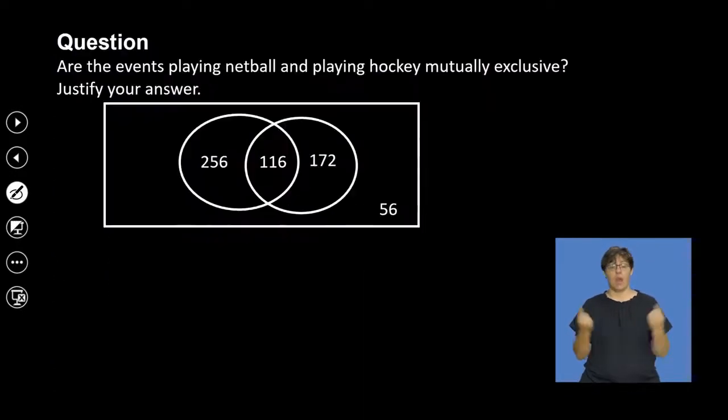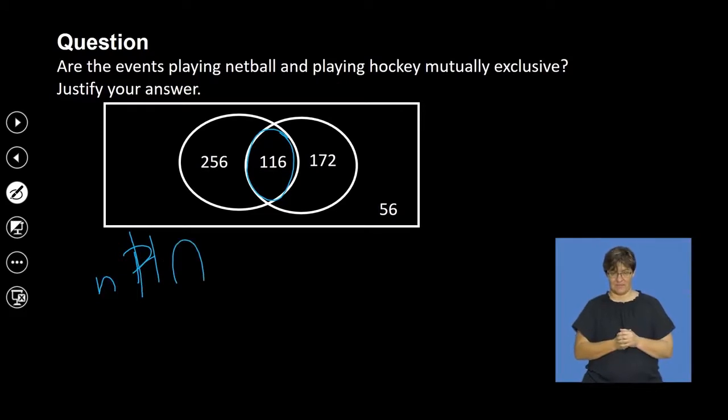Are they mutually exclusive? Well, if you look at the sets over here, you'll see that we've got the numbers clearly represented in terms of those that play hockey and netball. And what do we recognize? We recognize a calculation for the intersection. We've found the intersection of the number of learners that are going to play hockey intersection basketball or netball.